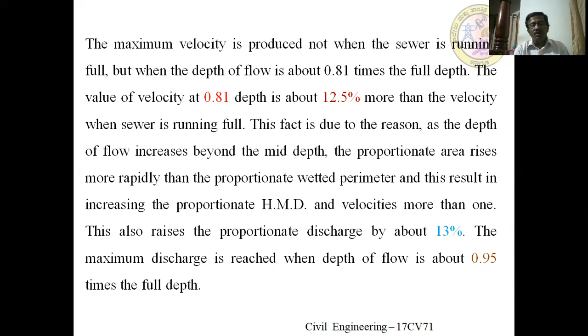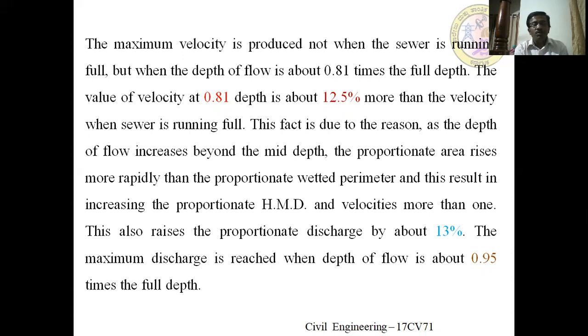Means if the depth of flow is more than half, the wetted cross-sectional area increases more when compared to the wetted perimeter. Therefore, the hydraulic mean depth value is more and the velocity is more than 1 for the value of d by D of 0.85.